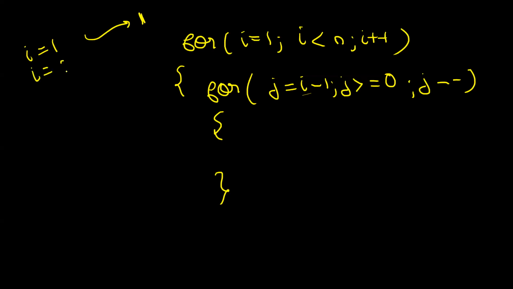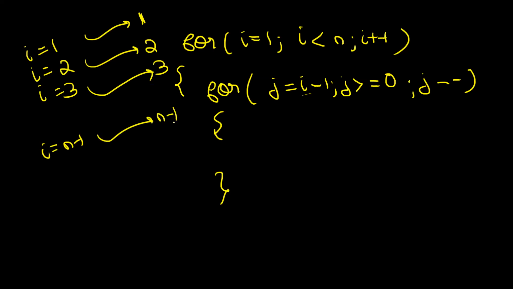Then when the value of I is 2, how many times will the loop run? 2 times inner loop. Okay. When the value of I is 3, how many times will the inner loop run? 3 times. Okay. Similarly, when the value of I is n minus 1, the inner loop will run for n minus 1 times.